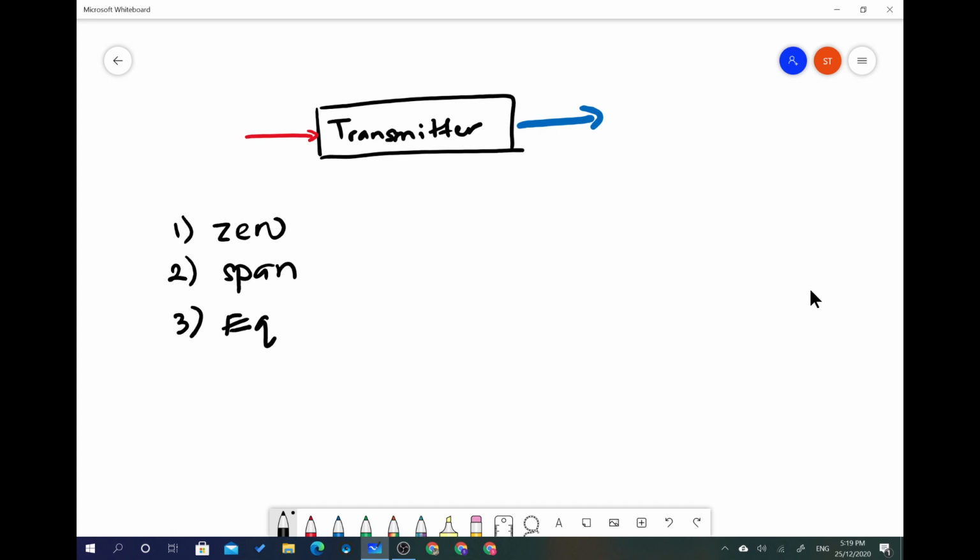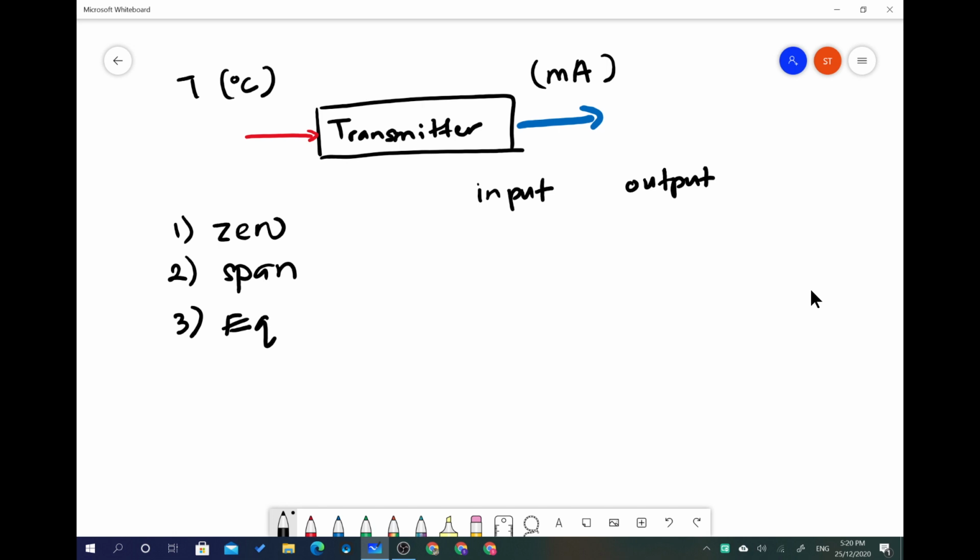So we have a temperature in degrees C, and this transmitter will convert it into an electrical signal in milliampere. This transmitter has its own range of input and also a range of output.